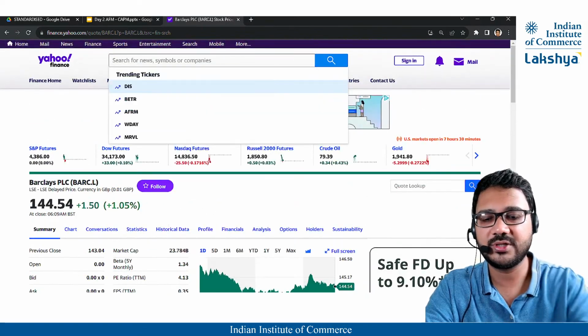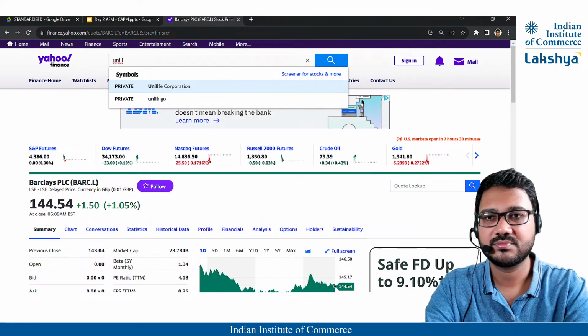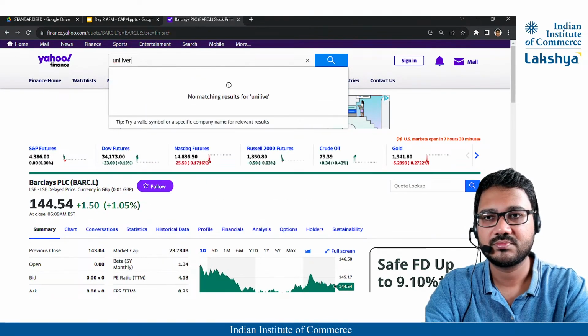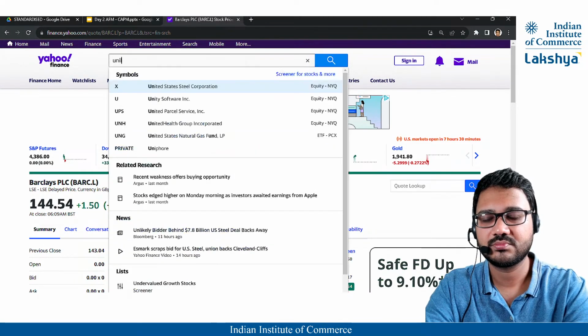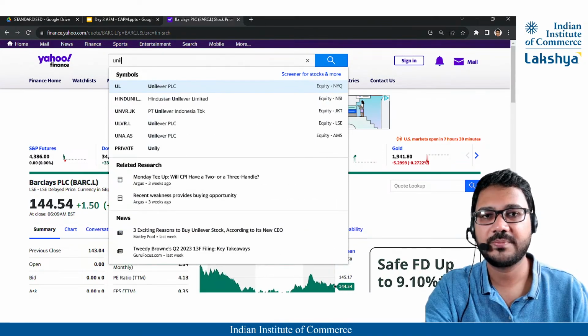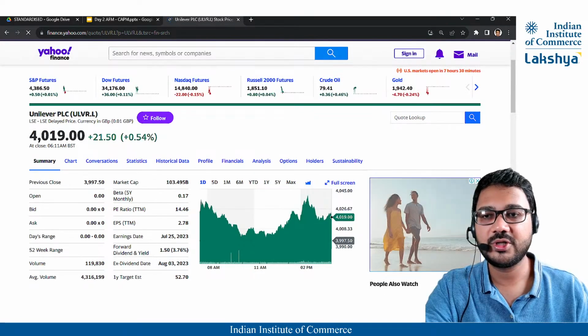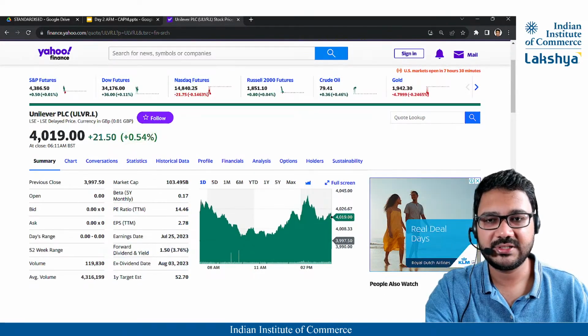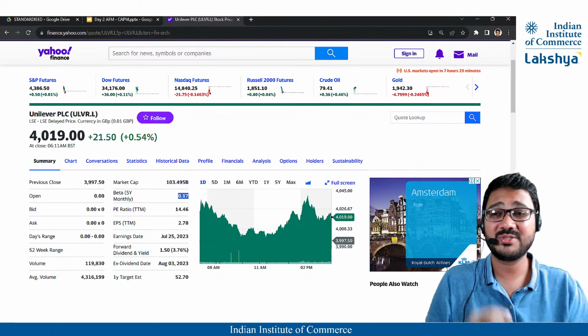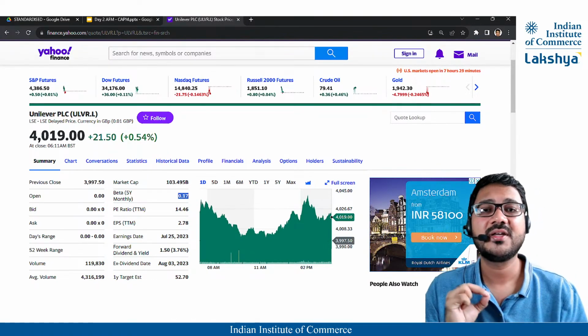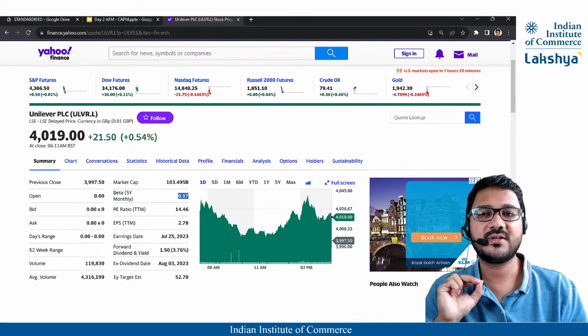Now, if you say Unilever, on the London Stock Exchange, Unilever's beta is 0.17, which means Unilever is safer than your FTSE 100.